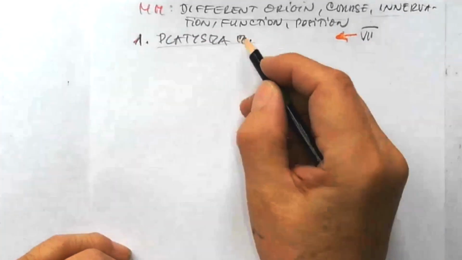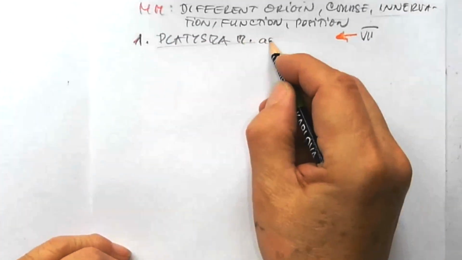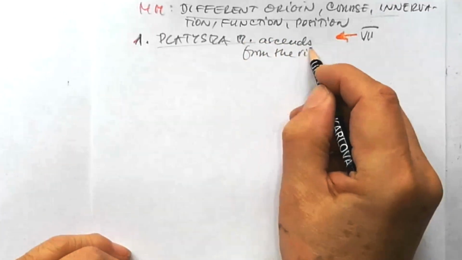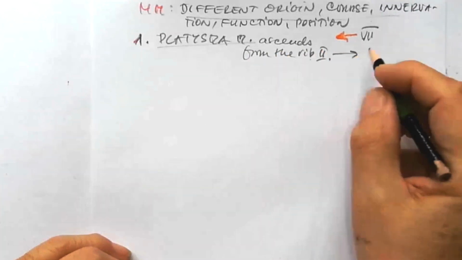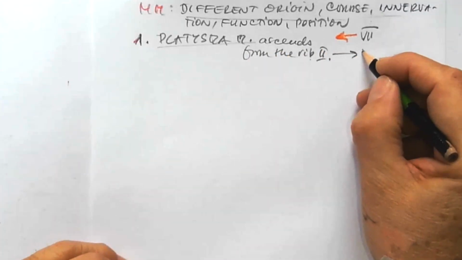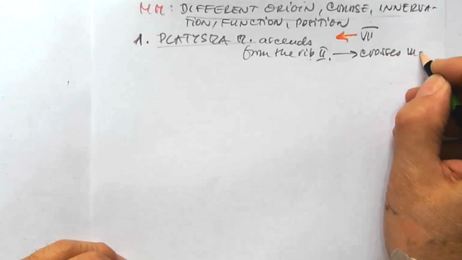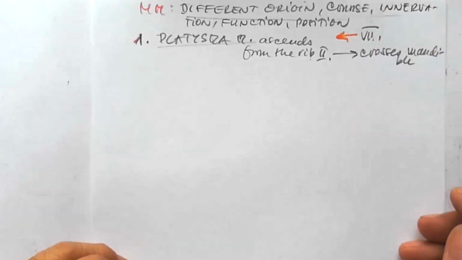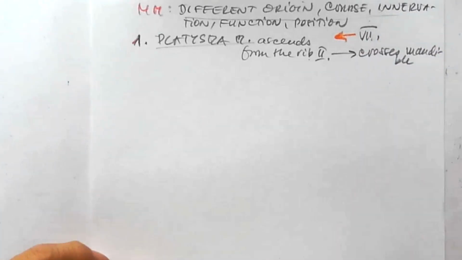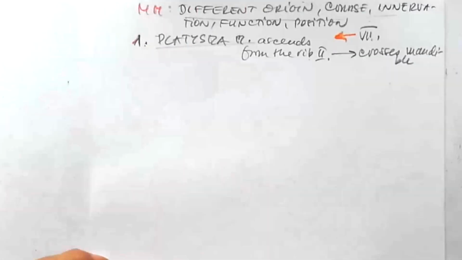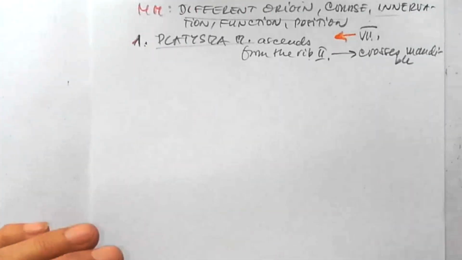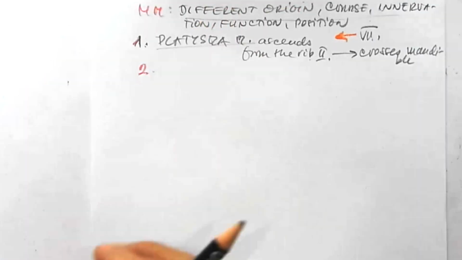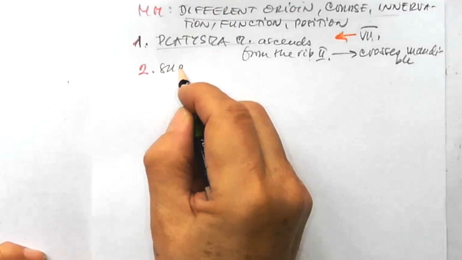Maybe we could say just that platysma ascends from the second rib up and crosses the mandible. The fact that it is innervated by nerve number 7 means that it belongs to the muscles of facial expression. That is absolutely sufficient.